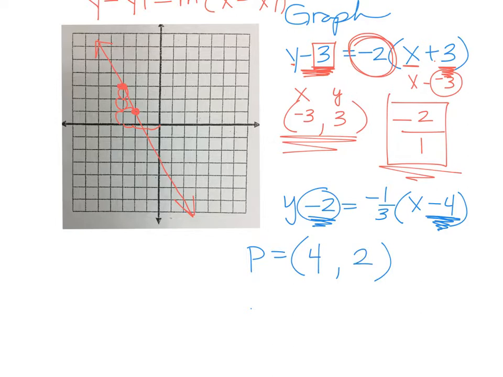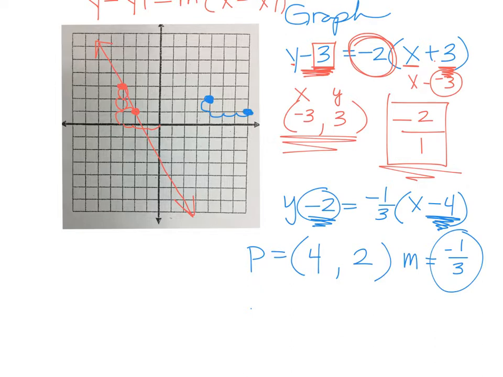So you're going to plot that first. 1, 2, 3, 4, 1, 2. Okay, and then what's your slope? Negative 1/3, right? So if you're doing a negative 1/3, you're going down 1/3. So you would get this point right here.